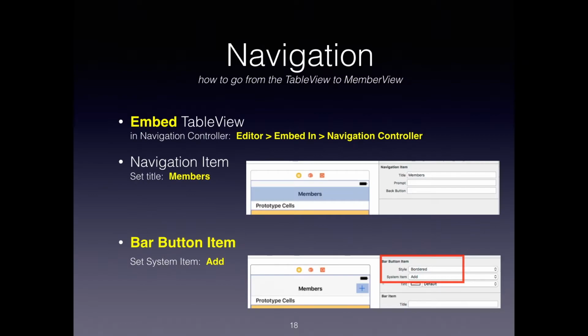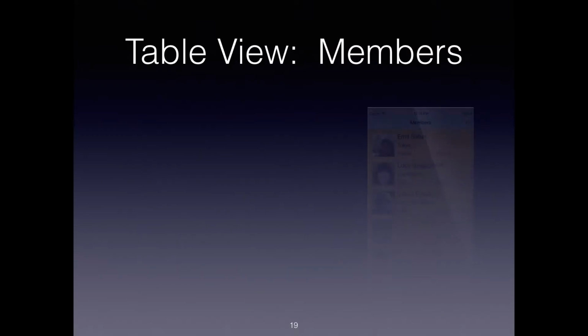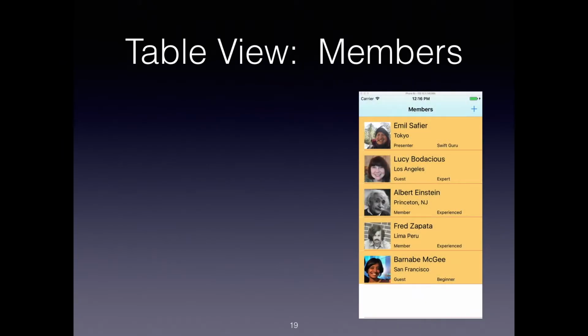That will display as a plus sign, and that's basically what we'll want. So we're just setting up the table view to have a plus sign, and if we tap that plus sign, it will take us to a member view, and it knows that we're adding a new member. Okay, so that's that navigation. So that's the way it would look, and we would see it that way.